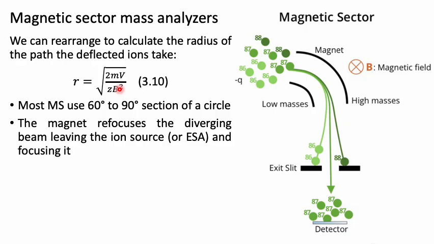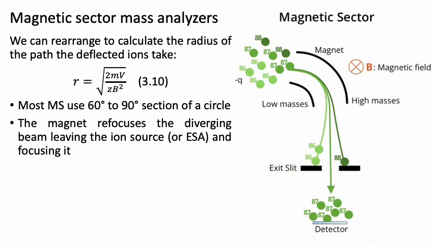and the magnetic field refocuses the diverging beam and allows it to pass through another detector slit. So in this example here, we have our exit slit. The 86 strontium, because it has a lighter mass, is being pulled more strongly by the magnet, and it hits this part of the exit slit and doesn't pass through.